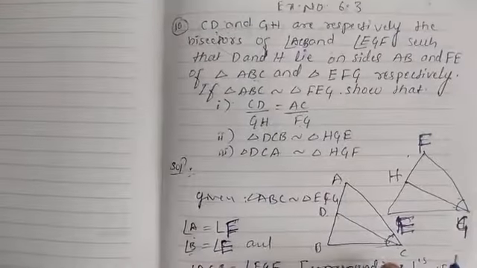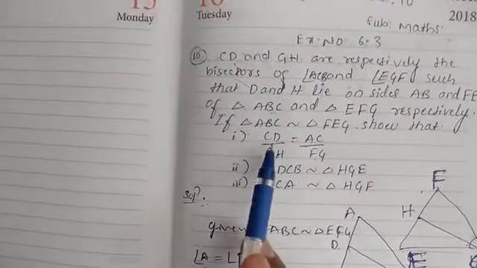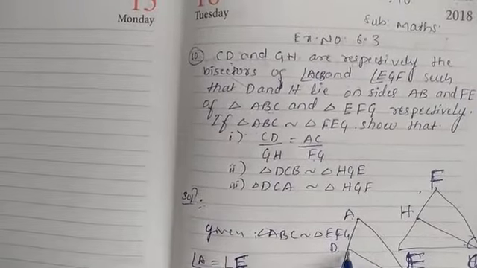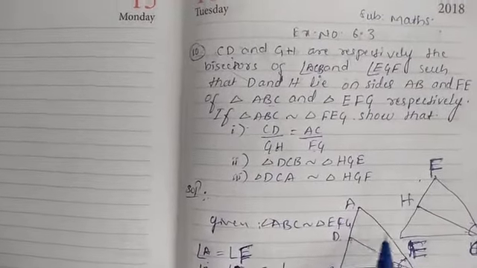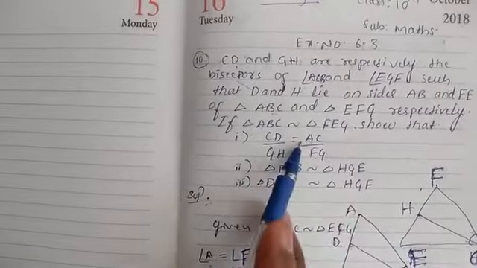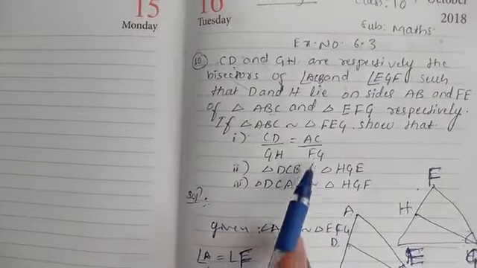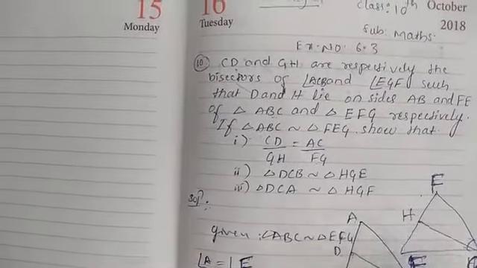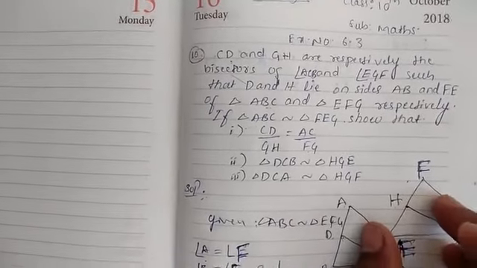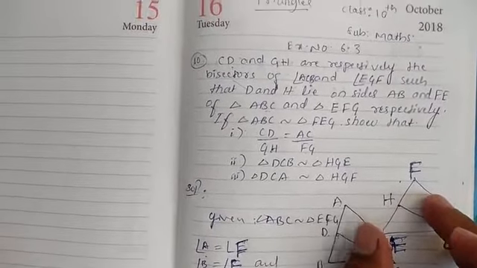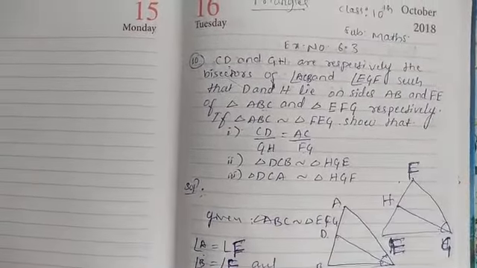So first, see what is to be proved here: CD divided by GH is equal to AC divided by FG. You have to take two triangles and prove two equal elements, then you can say that both triangles are similar.